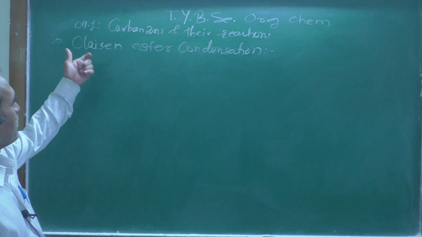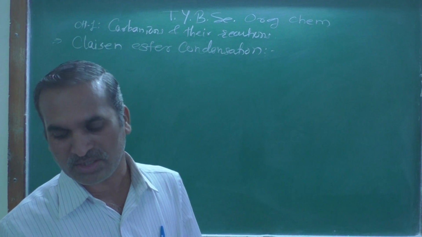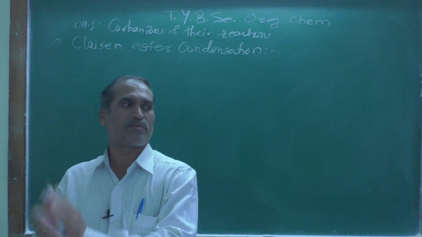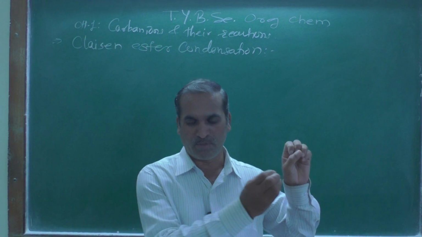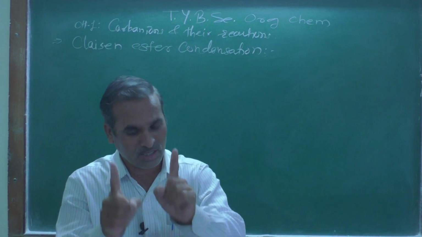Look here, Ester condensation, or Claisen condensation. Claisen is a scientist's name. He discovered this type of reaction, therefore the name is given to that reaction, and it is called Claisen ester condensation.